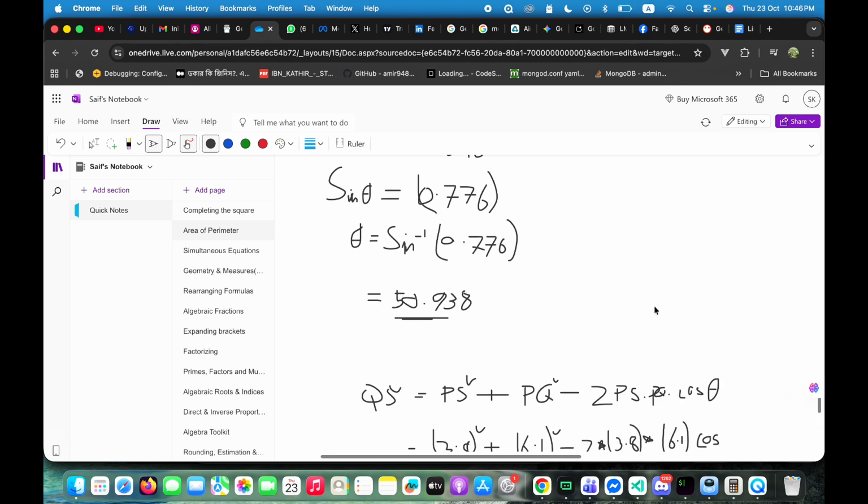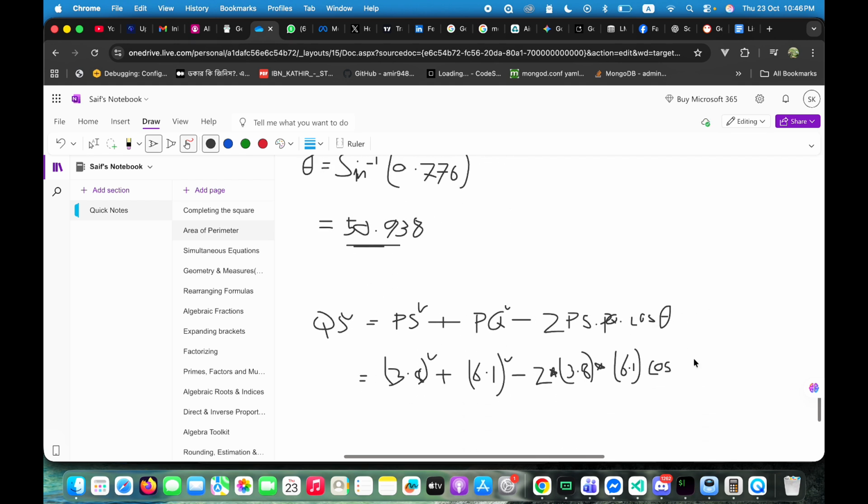We figured out previously that sine inverse 0.776 is 50.938. So cos 50.938.